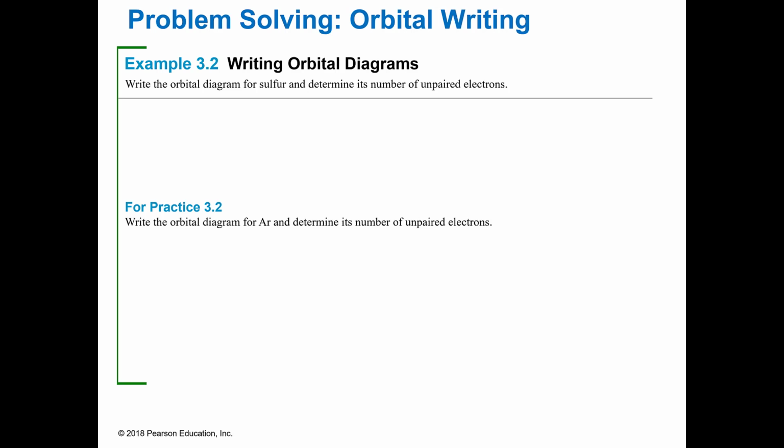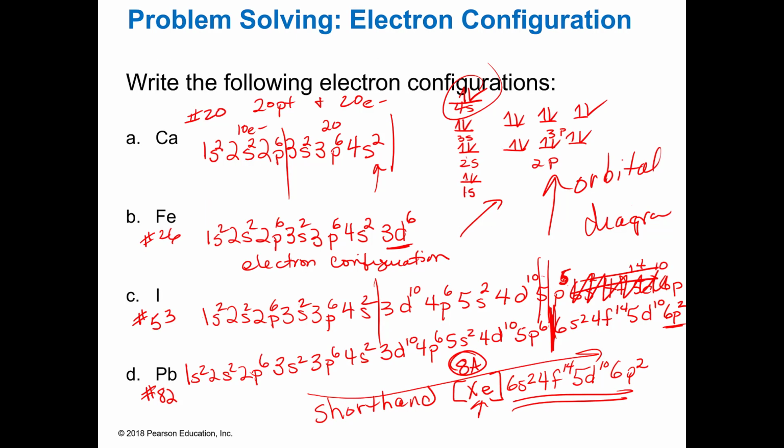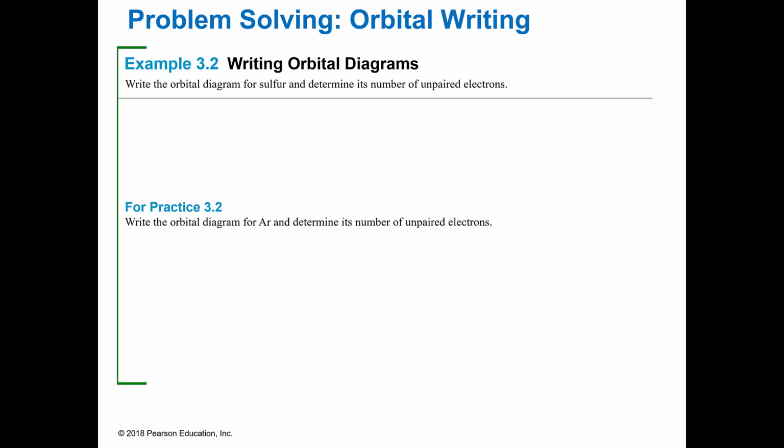All right, so I've given you a couple of, oh wait, I'll do this one since it's an example. Write the orbital diagram. Now what we were doing just then was electron configuration, which is this 1s2, 2s2 thing. Orbital diagram is going to show how they fill.